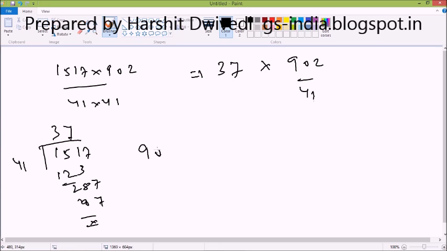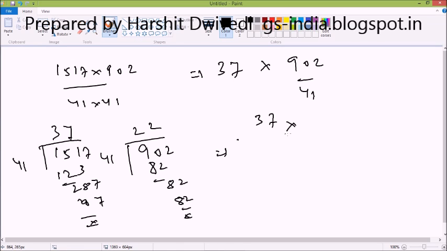Let us divide 902 by 41. 82, it remains 8, 82. So we got 37 into 22. To get 37 into 22, first we calculate 37 into 20, it comes out to 740. And in this we add 37 into 2, that is 74. So we get 814. This is the answer.